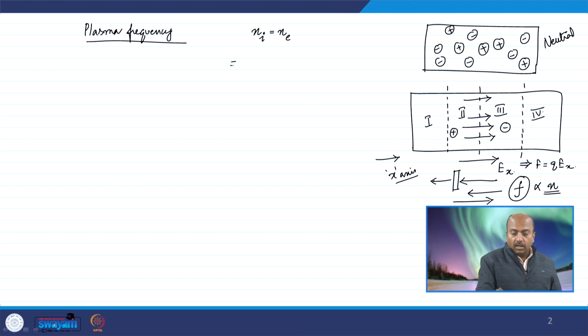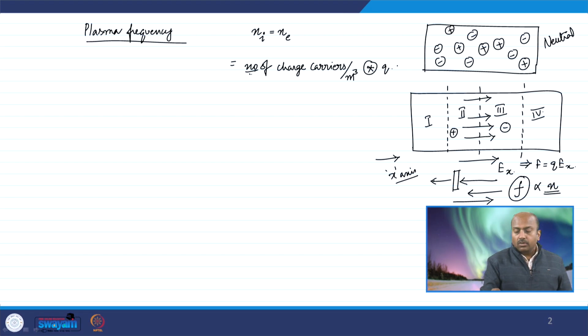So the number of charge carriers per unit volume multiplied by the charge gives the magnitude of charge that is being displaced. This is essentially the charge density, right? So the restoring force F is proportional to N times Q, where N is the number of charge carriers per unit volume.